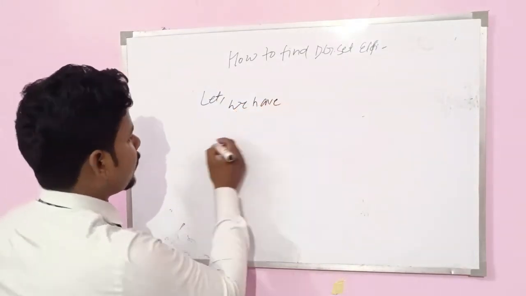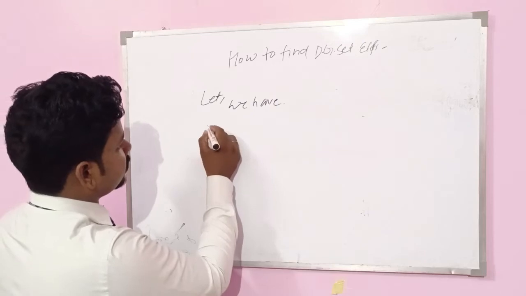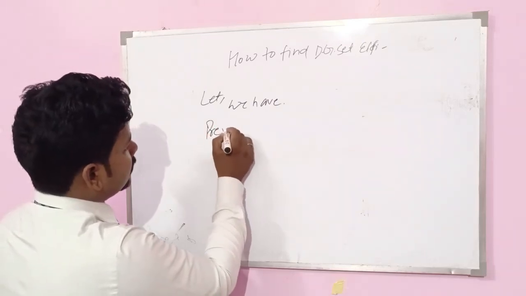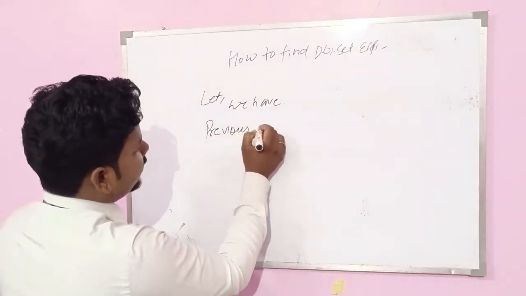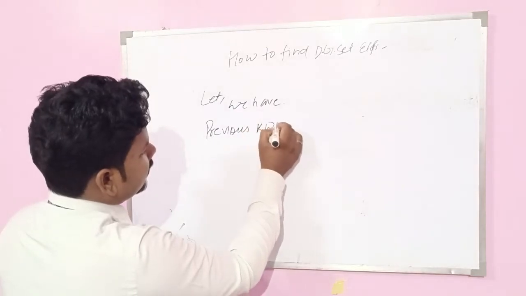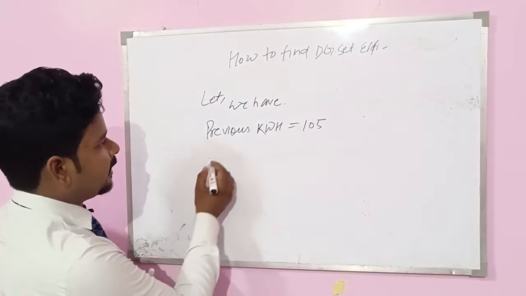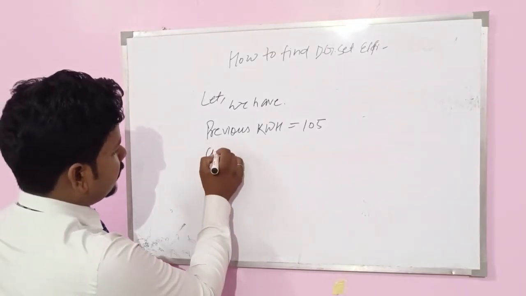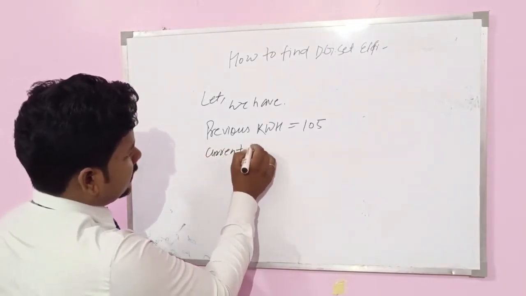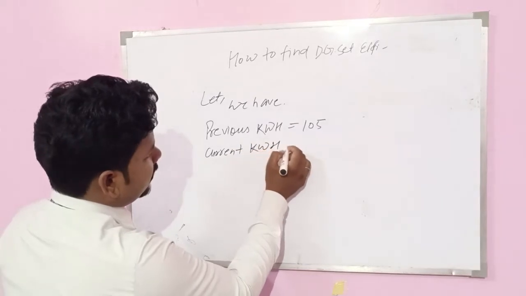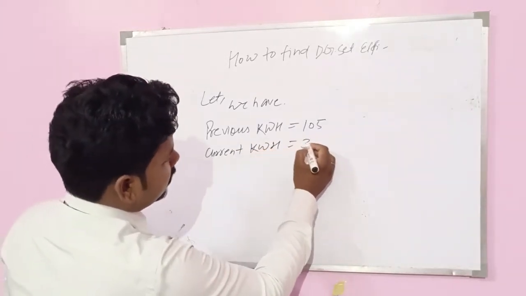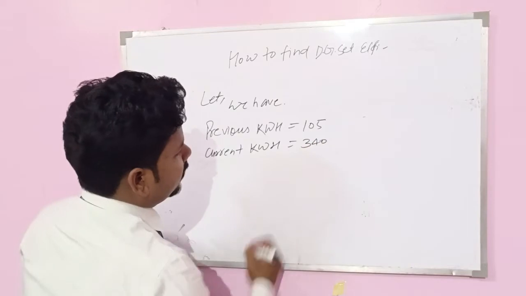We have previous kWh 105 and current kWh equal to 340.